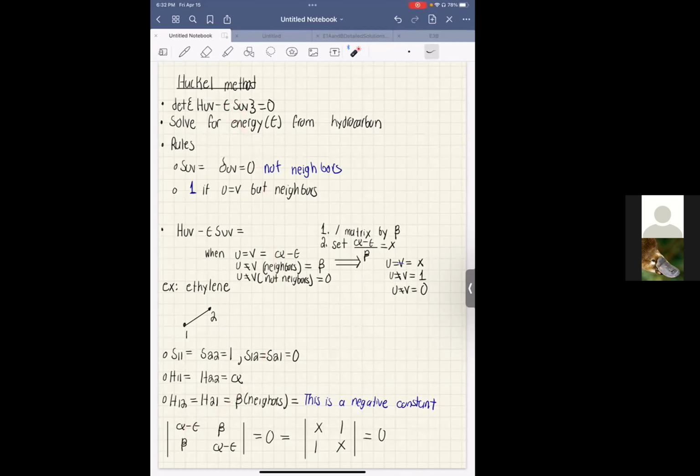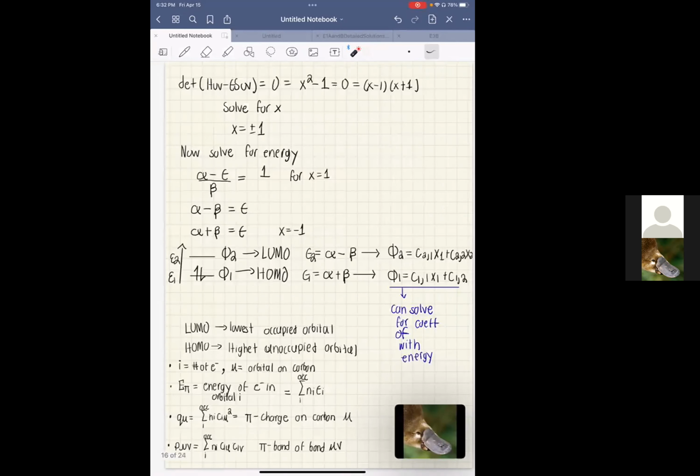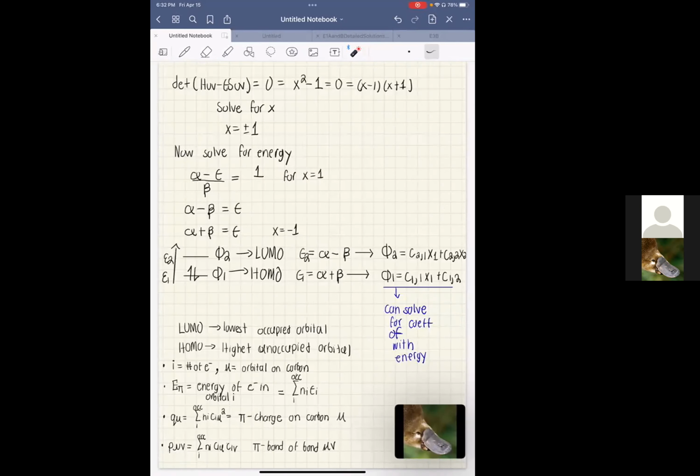So we put everything in using this, so this term will be X, this will be 1, and this will be 1. From solving this determinant, we found that X is equal to this, and to solve for energy, we know this is going to be equal to X. So then we can solve for the energy, and these will be the two energies.